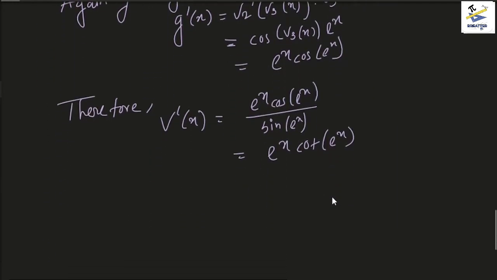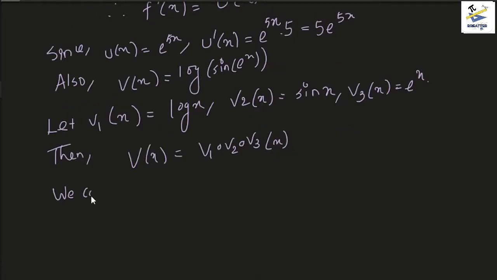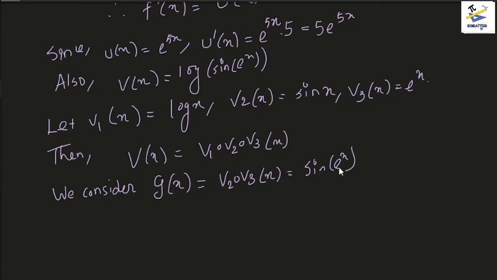Therefore, since we consider g of x equals to v2 and v3 of x, which simply is sine of e to the power x. Okay, then v of x would just be equal to v1 composition of gx, right?